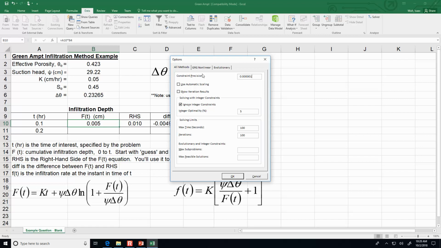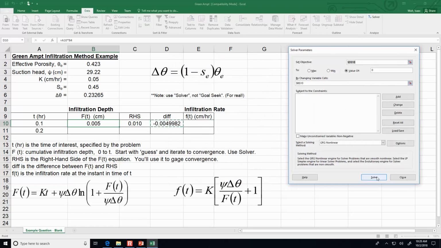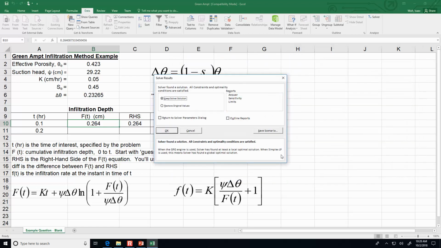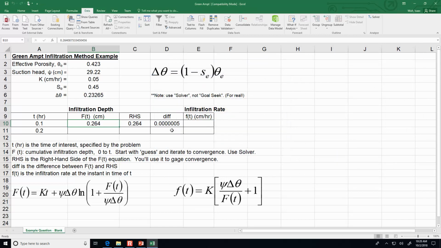Sometimes goal-seek is okay, but in the past I've had solutions that didn't quite work out because goal-seek wasn't using a fine enough precision, whereas with Solver we have direct control over that. So once we say solve, then it goes and solves for the infiltration depth.